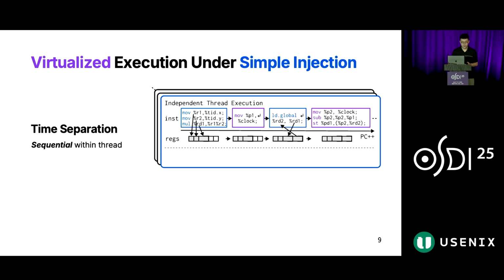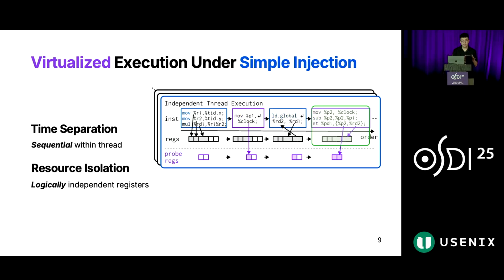Since the execution within the SIMT threads is sequential, there won't be any time overlapping. And by formulating logically independent register groups, we can also achieve resource isolation, so that the probe and the program execute without interference.